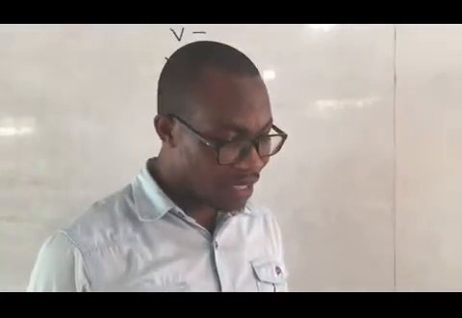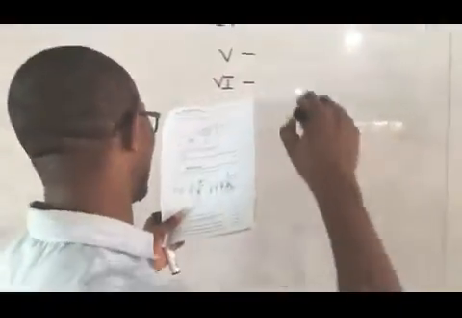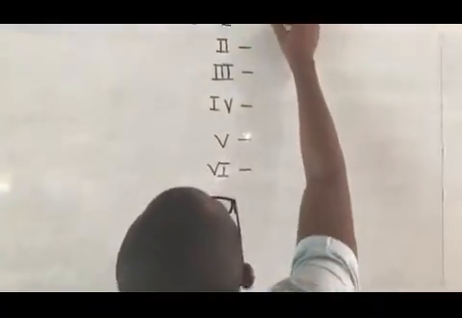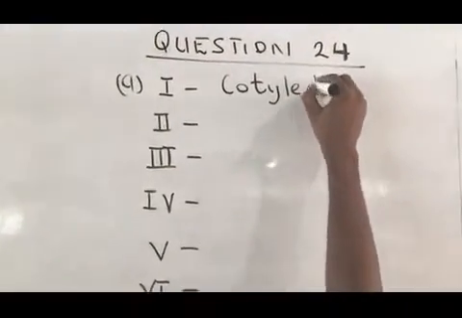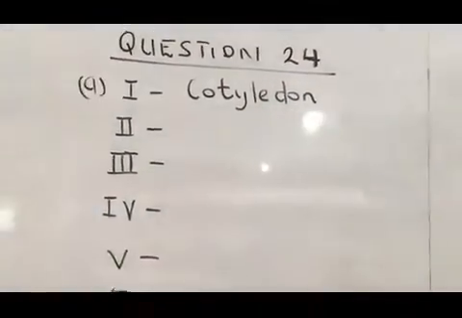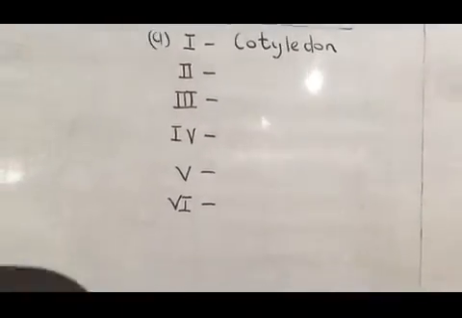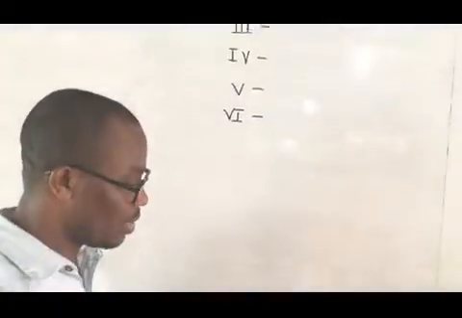So the first part, that is the I, is what we call the cotyledon. Cotyledon. The spelling is very important. Or we say seed leaf.